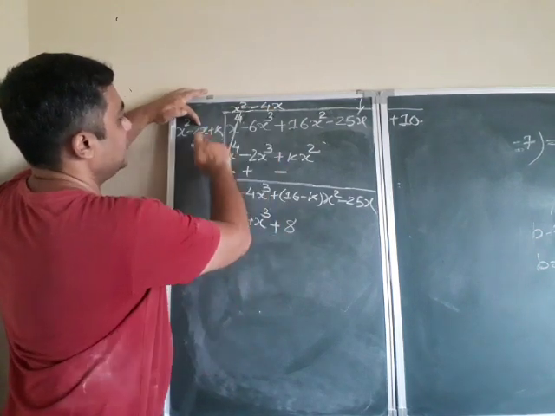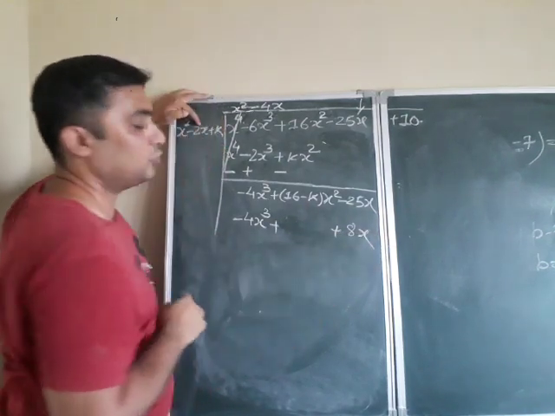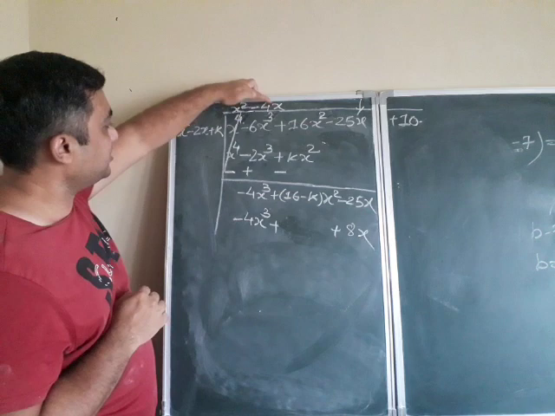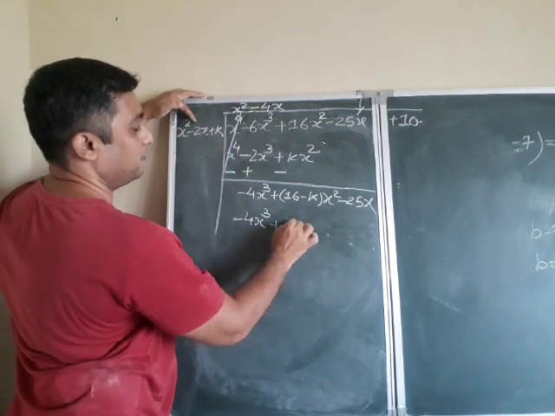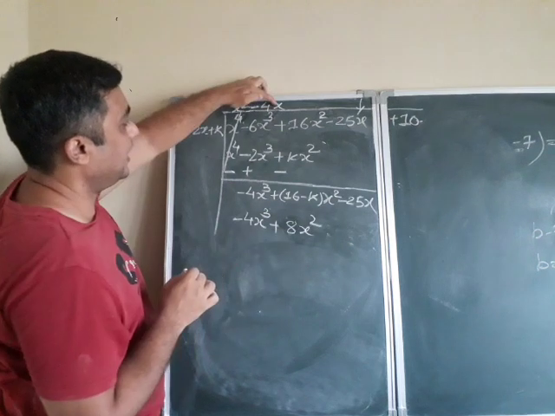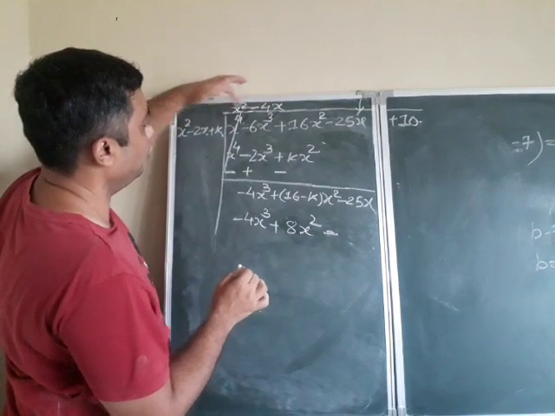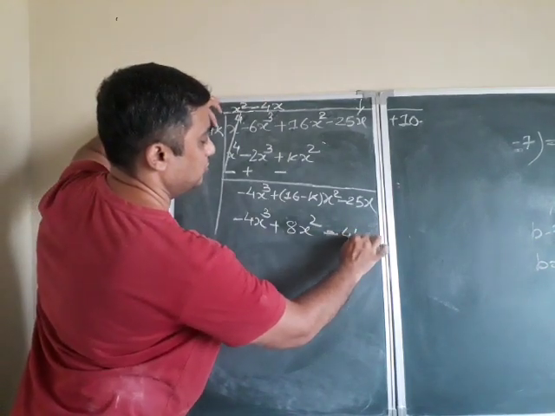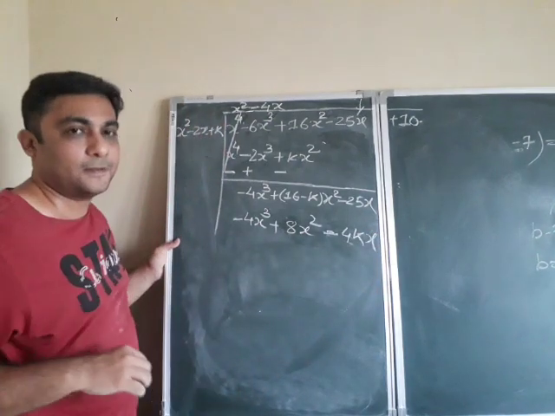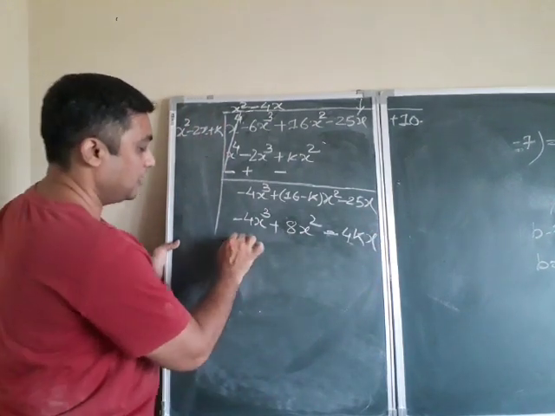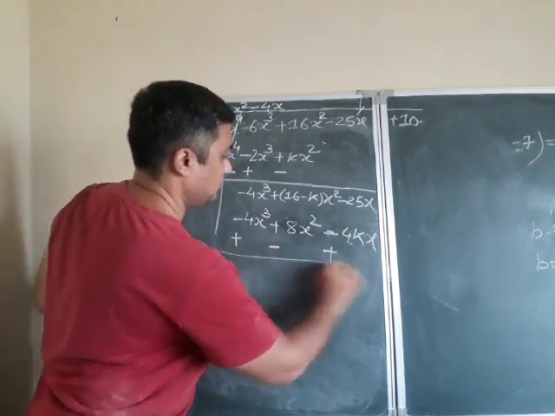We are getting plus 8x. Oh sorry, 8x square. Minus 4x into minus 2, plus 8x square. And plus minus minus 4 into k, 4k. And x into this, it means x. Ready? Now plus, minus and plus.